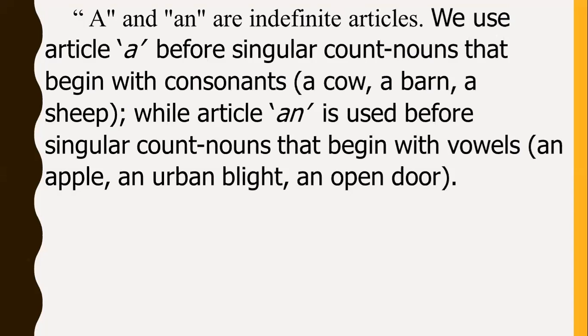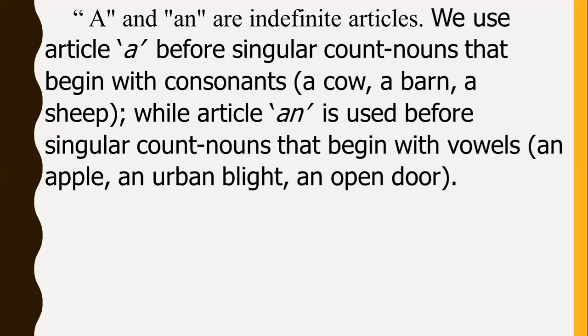The first one, article a, is used before singular count nouns that begin with consonants. That is, it is used before a word that begins with a consonant sound. Examples are the ones you are seeing on the screen: a cow, a barn, a sheep.